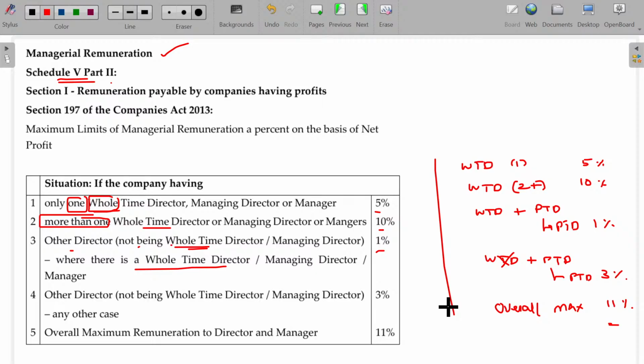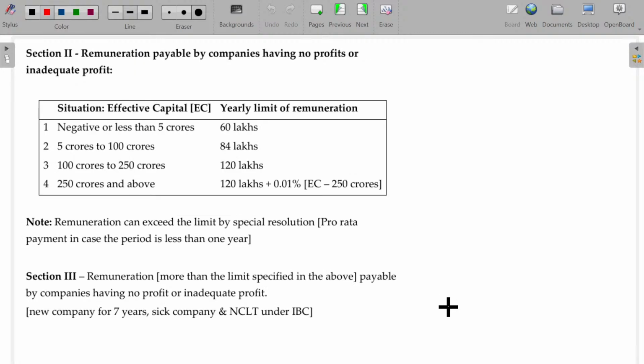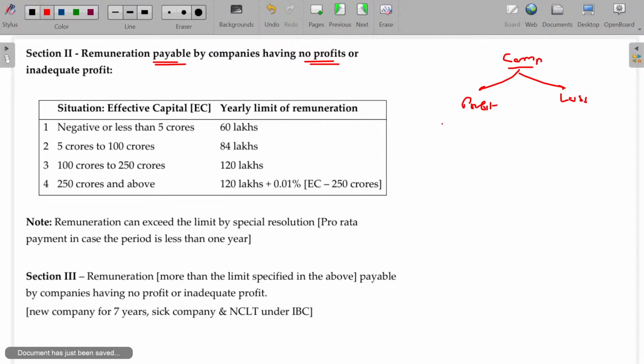Now, remuneration payable by companies having no profits. If the company has profit or loss: in case of profit, 5%, 10%, 11%, and 1% and 3%.